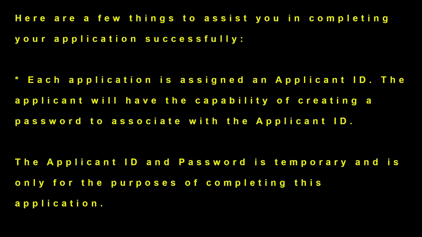Here are a few things to assist you in completing your application successfully. 1. Each application is assigned an applicant ID. The applicant will have the capacity of creating a password to associate with the applicant ID. The applicant ID and password is temporary and is only used for the purposes of completing this application.